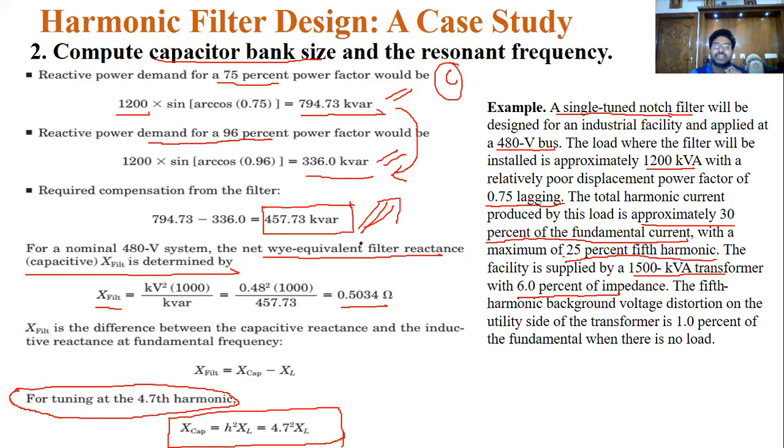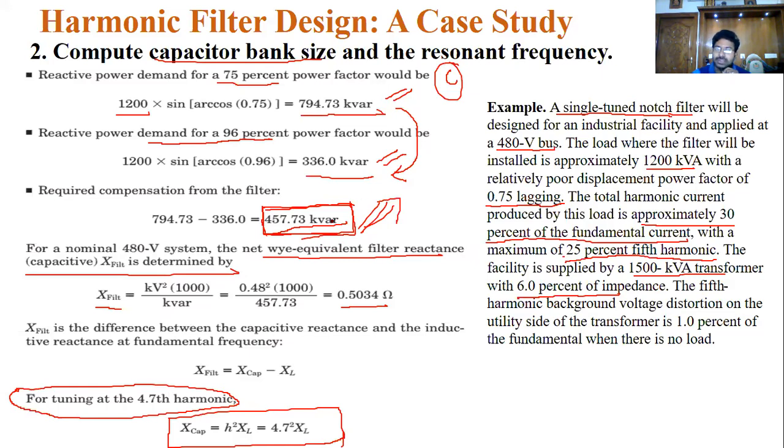Compensation from that filter: how much compensation current or compensation value are you going to inject into the system? 457.73 kVA. This is not a low value. This is a very high value. You can assume the size of that capacitor bank, that is, the size of that filter, is very high. 457.73 kVA is not a small value.